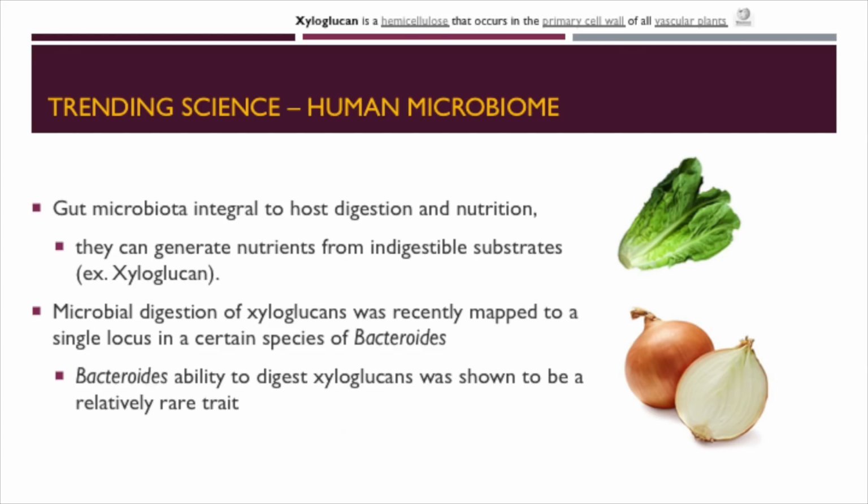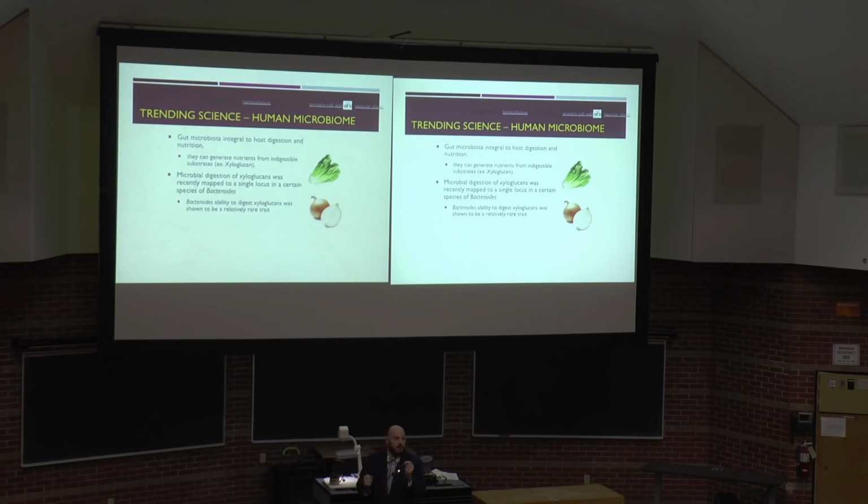And when you think about this evolutionary adaptation, which I keep coming back to in this course, take things like lettuce and onions. When we talk about some of the non-glycemic carbohydrates that we can't digest, it's remarkable to think that the microbiomes can convert them to something that's usable by the human body for energy, the short-chain fatty acids.